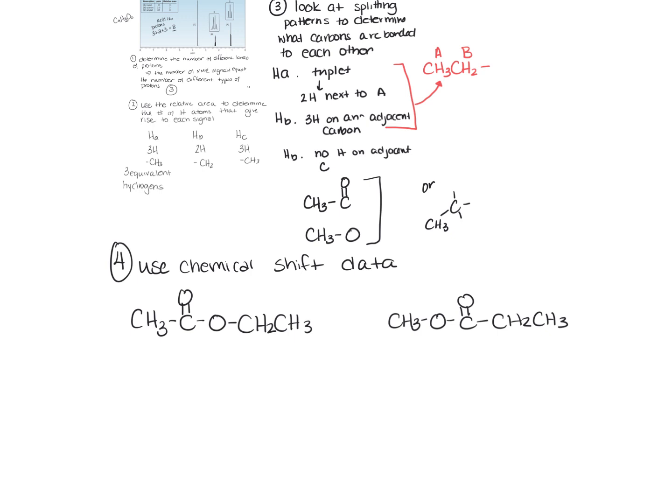Now, chemical shift information is what's really going to help us here. We have a really electronegative oxygen atom here and a really electronegative oxygen atom here. And so we need to decide, based on that really electronegative oxygen atom, we also have this peak here. That's going to be the most downfield.